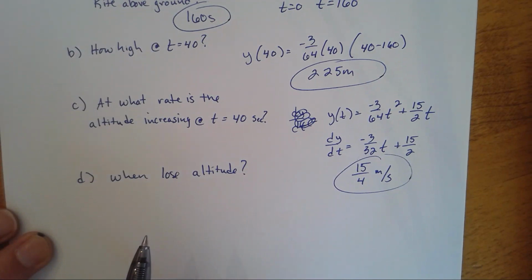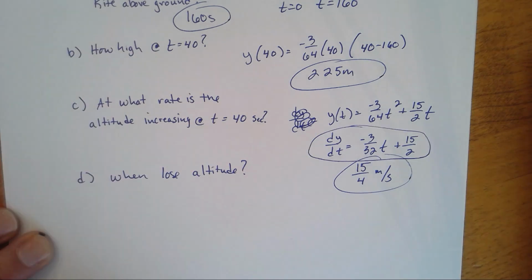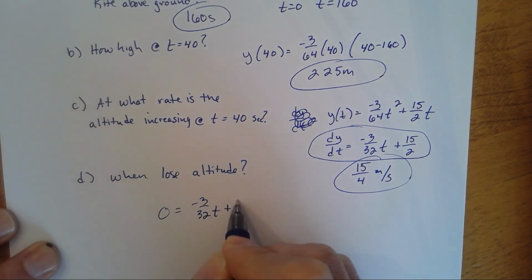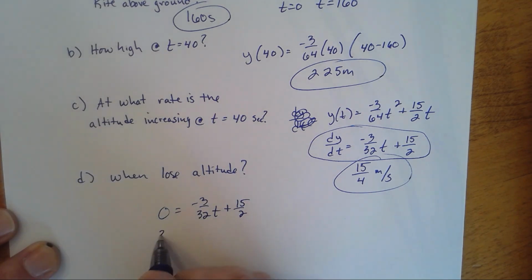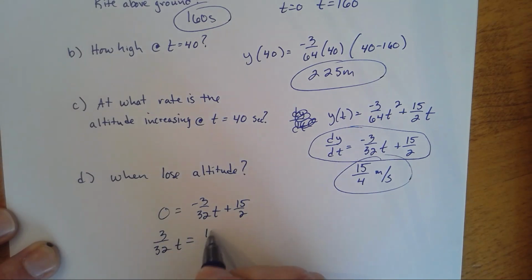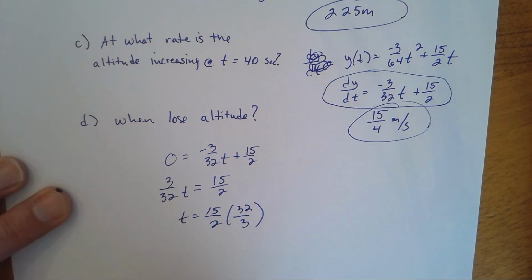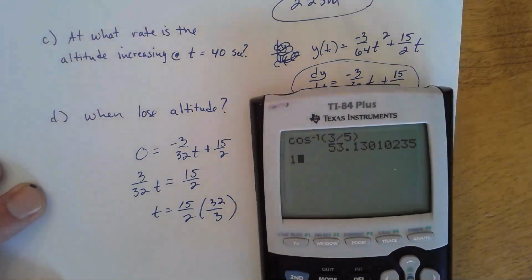So we can set our change here equal to 0. So 0 equals negative 3 over 32 t plus 15 halves. So t equals 15 over 2 times 32 over 3.